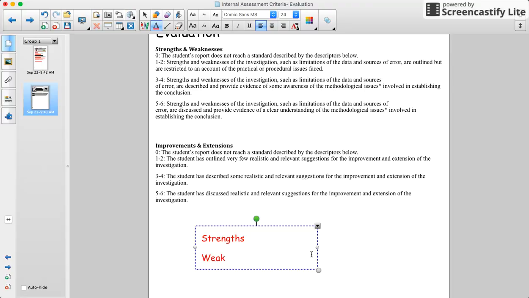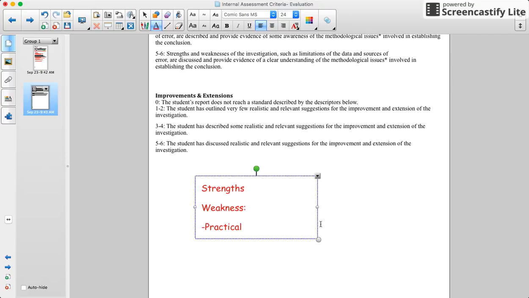But then weaknesses. Weaknesses have some different categories. You've got practical considerations, such as, my thermometer wasn't precise enough, or it was really hard to tell when the color change happened, so I think I was overshooting my volumes. Practical considerations are important.